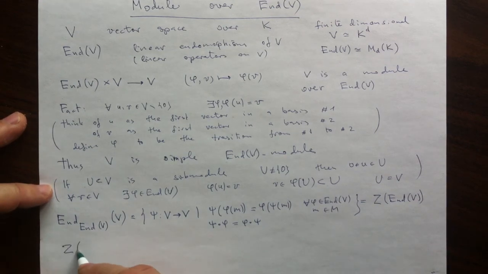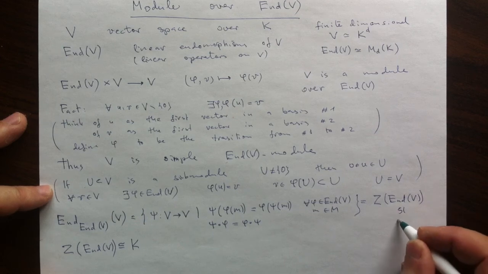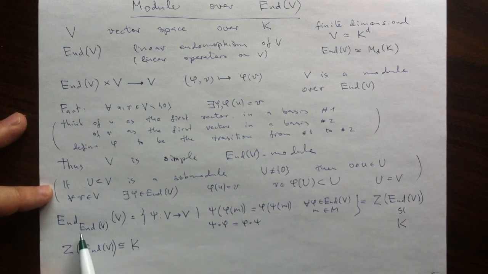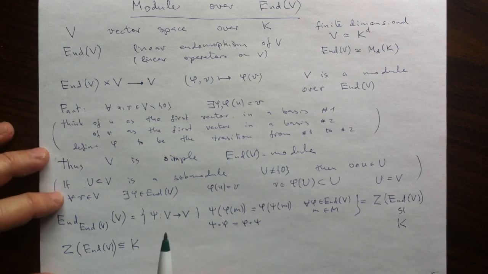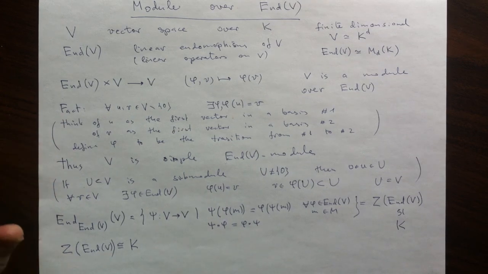And finally, let's remember that the center of the ring, which is the same as the center, say, of matrix algebra, is nothing but scalar operators. So it is isomorphic to a copy of our basic field. And of course it is a division algebra as predicted by Schur's lemma. So that is the final answer for the endomorphism computation. The endomorphism ring of this module is nothing but scalar operators, and as a ring it is isomorphic to the basic field.